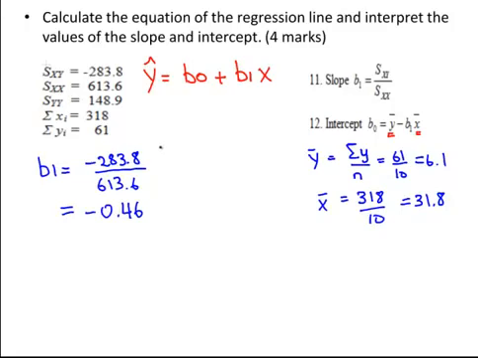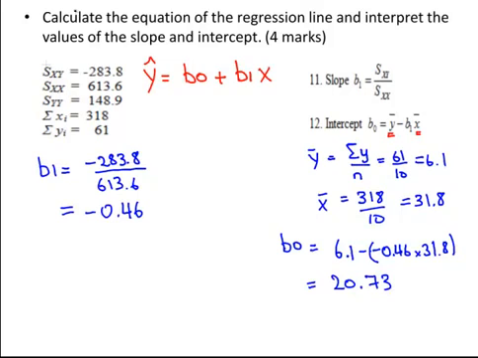Now we can compute the intercept estimate. b0 equals 6.1 minus minus 0.46 times 31.8. That's a bit of calculator work, and we should get an answer of 20.73 to 2 decimal places.